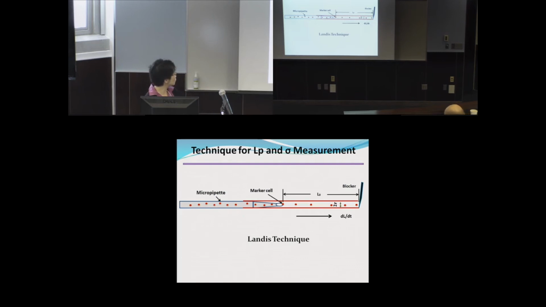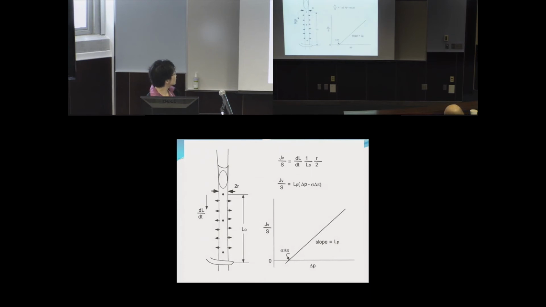Here I show you how we measure permeability. It's a classic 90s technique. So this is a microvessel, and we use a post-capillary venule. This is a micropipette with a marker cell. We use a red blood cell as the marker cell. So we connect this micropipette to a water manometer, and then we know the perfusion pressure.